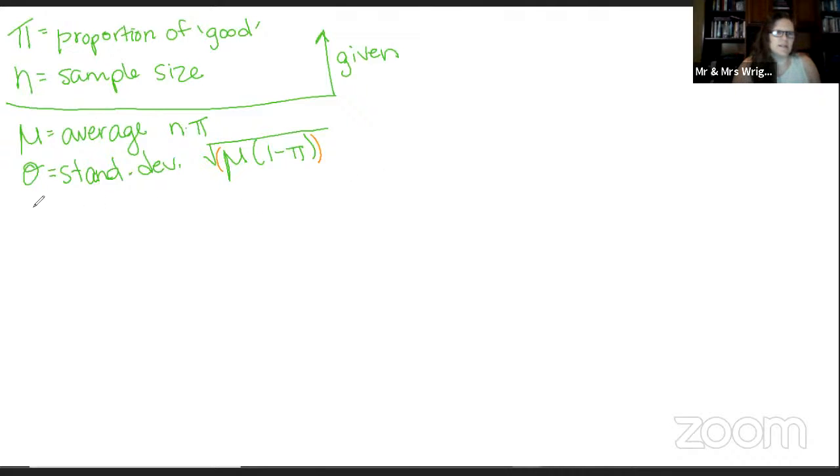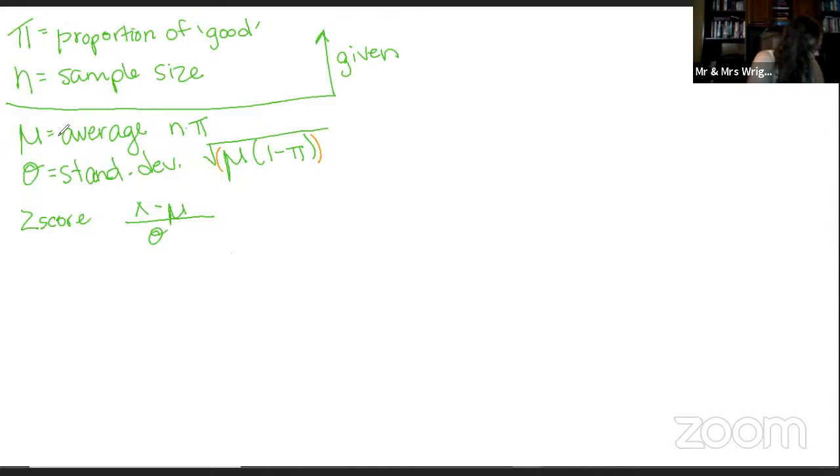All right. Then the next thing we look for is the z-score, right? Z-score. This is what you're going to use to look up on the chart. And how you find that is you're going to do your x, which is not really your x, we're going to look at that in a minute, minus your average mu, and it's going to be over your standard deviation.